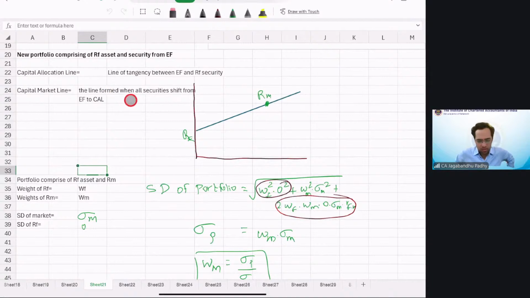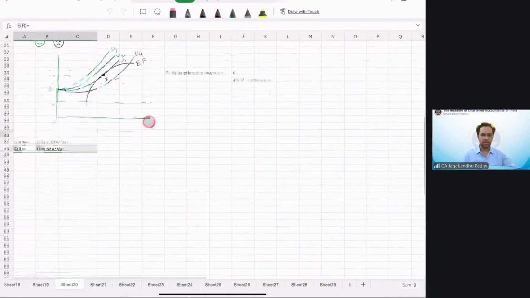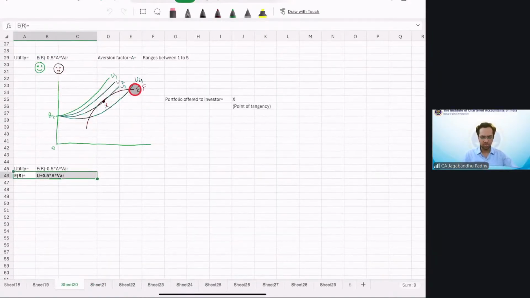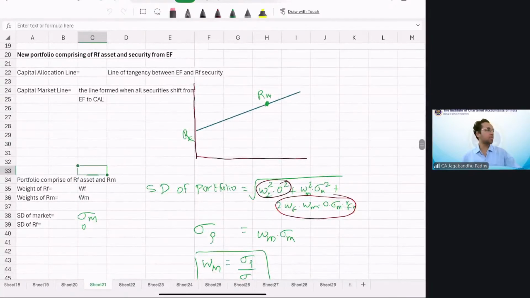Now, one shortcoming or a point of view which was missed by Markowitz in its portfolio theory was that it did consider that we may have an efficient frontier like this, right? But it actually failed to consider one more fact, the possibility of having a risk-free security in the portfolio.